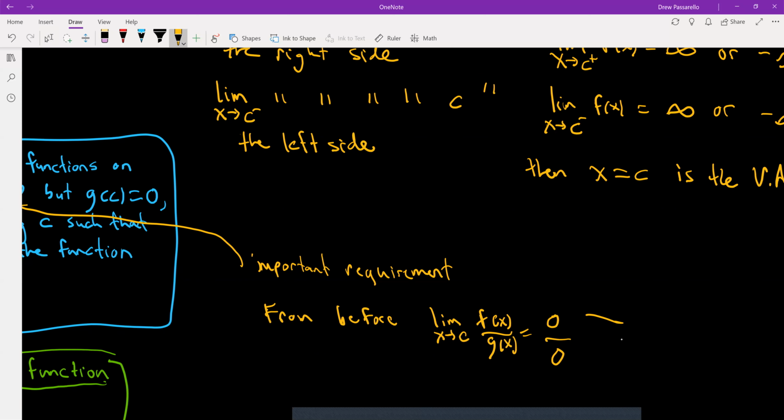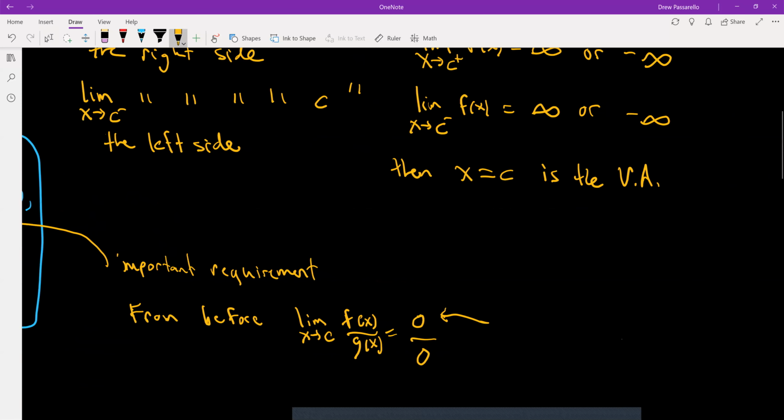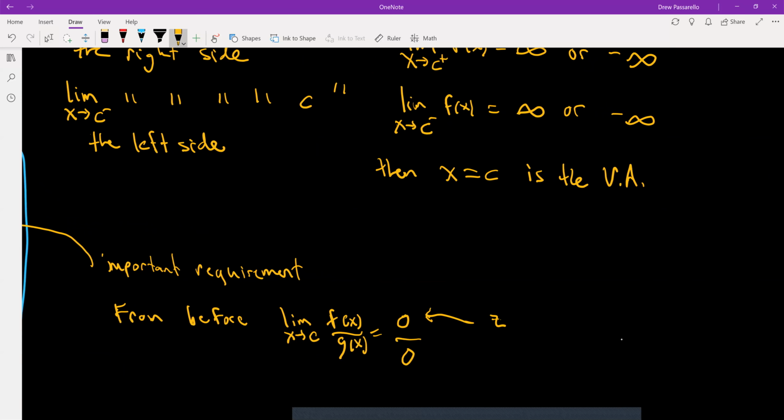In this case, you had 0 in the numerator, for f of x, which would be the same as f of c, so 0. And this would not be a vertical asymptote.